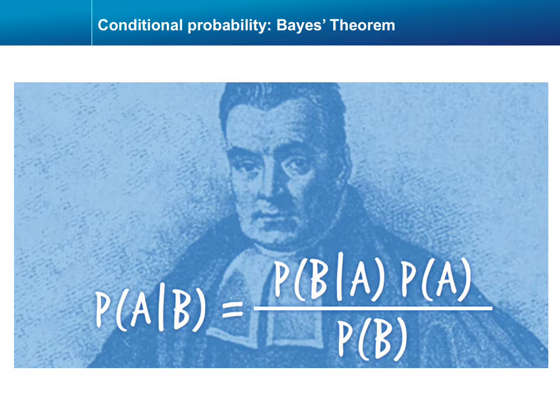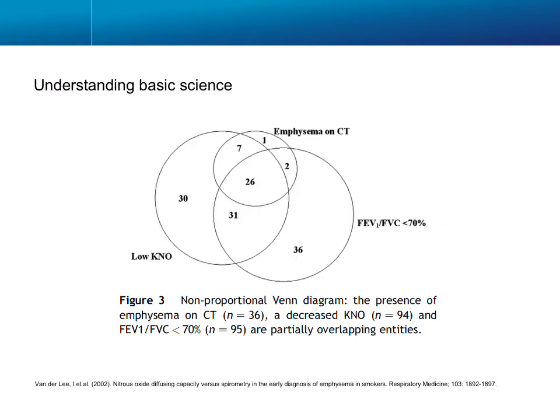And if you understand basic science, this makes sense, because emphysema is a disease of the very small distal airways, the alveoli, whereas spirometry is really measuring more proximal airways and obstruction in those. And we use it for diagnosis because it's readily available.